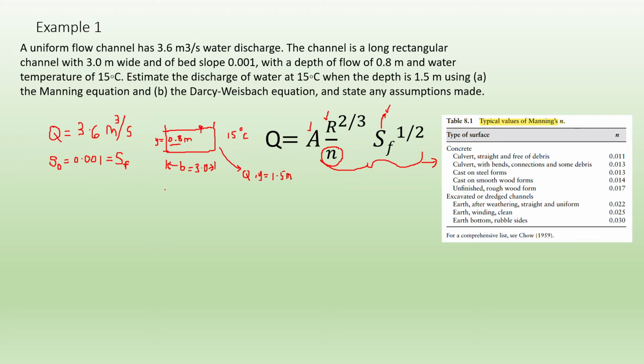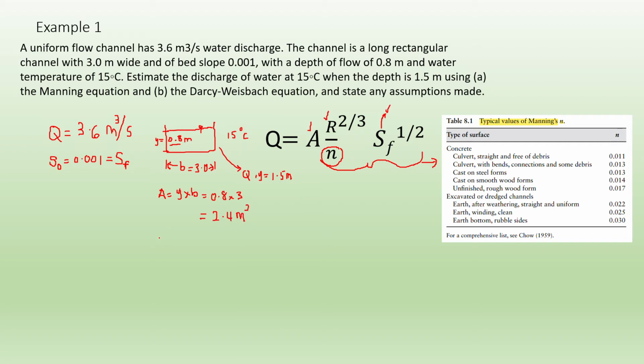As usual, we can start with the easiest one, which will always be something about the area and R. A is simply Y times B, so we have 0.8 multiplied by 3, which equals 2.4 square meter.